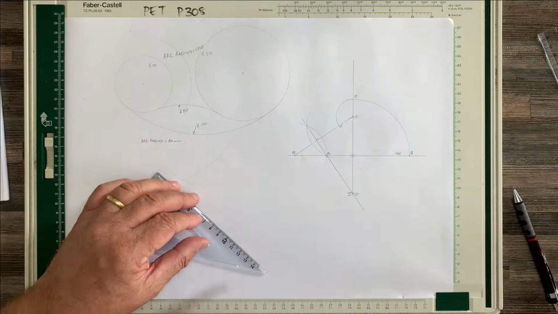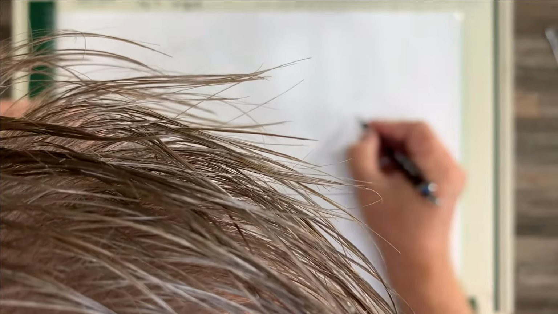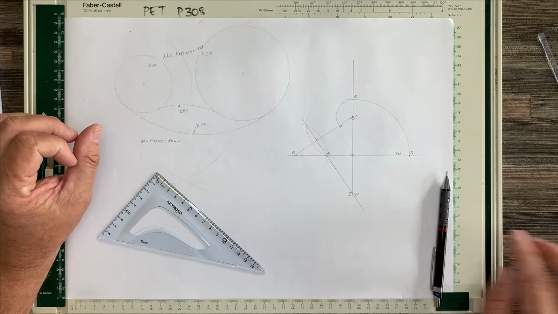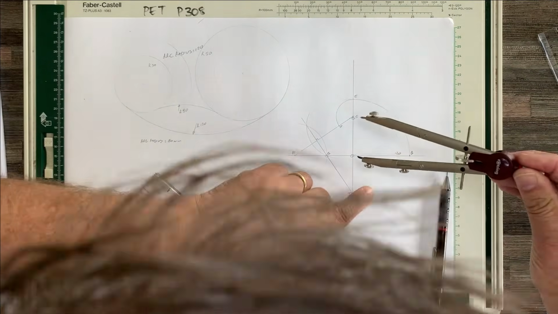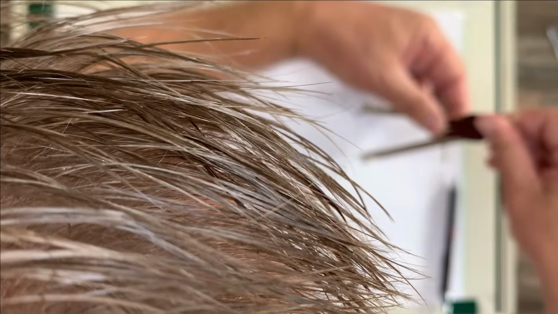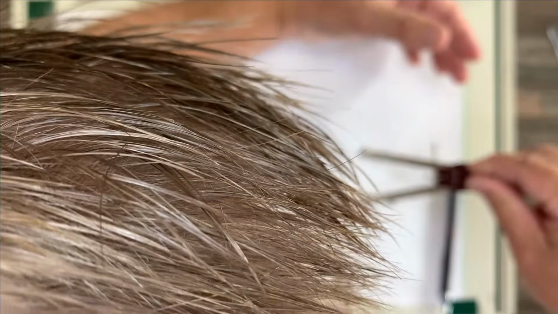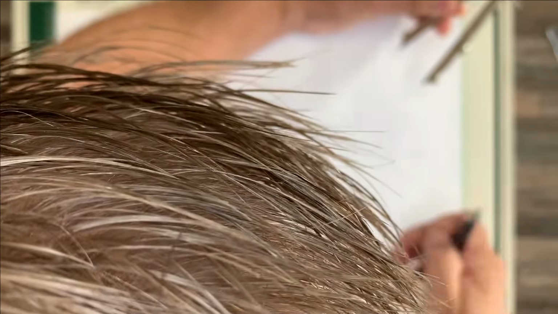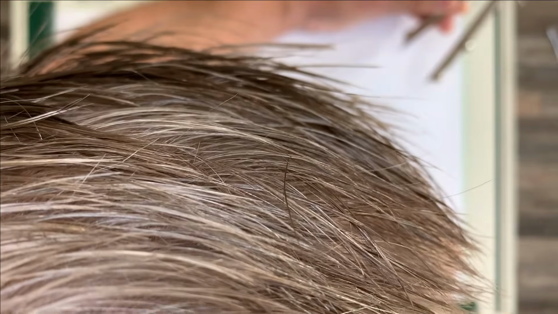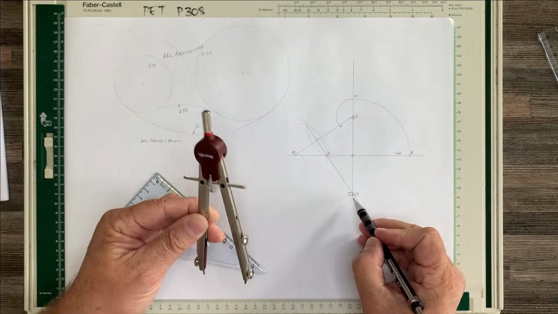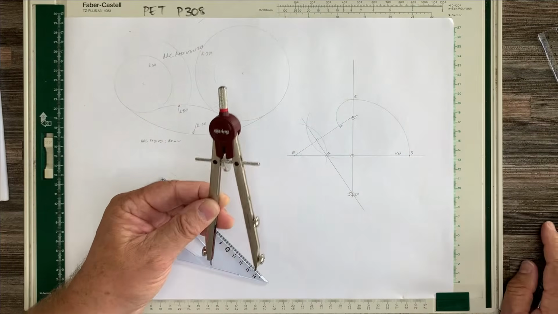And that would be the other center point. I think something is slightly off here. Yeah, D is supposed to be down there. So that crosses point D.